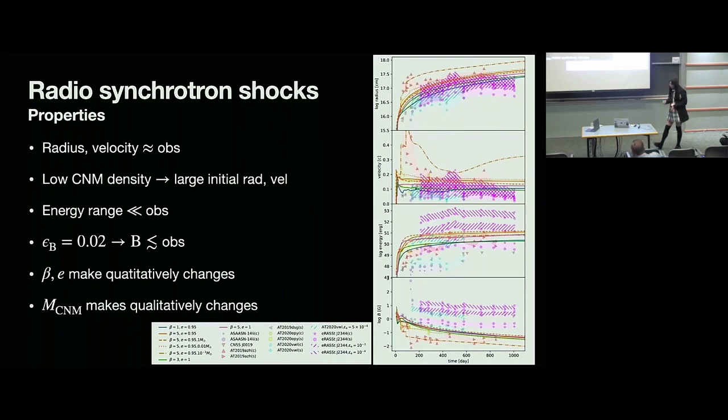So the main thing that makes changes is the mass in the circumnuclear material, or the density of it. Most significant is the dashed-dotted line. We got a large radius and large velocity, and also a much lower magnetic field here. So why is that? Is that really physical? Not sure. It's still work in progress.